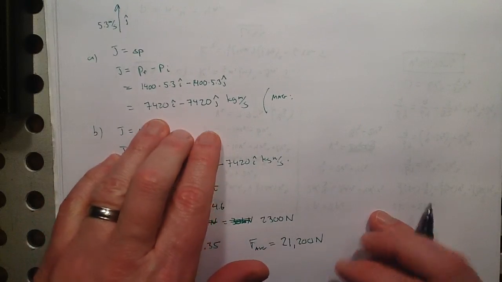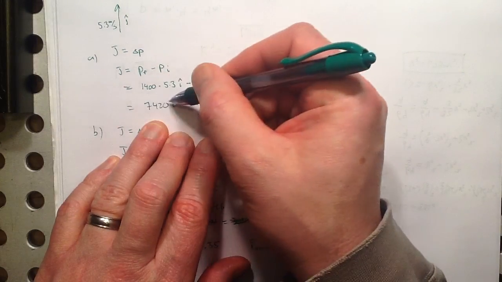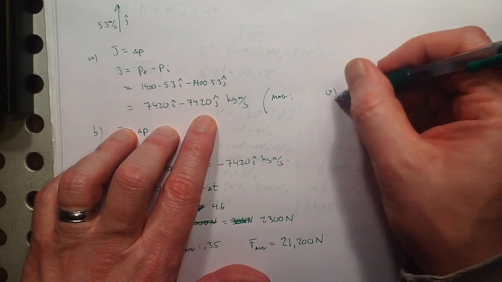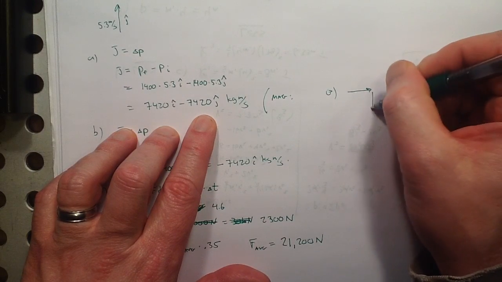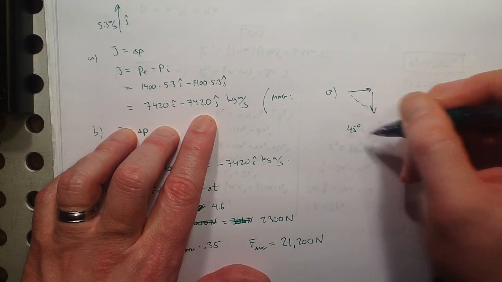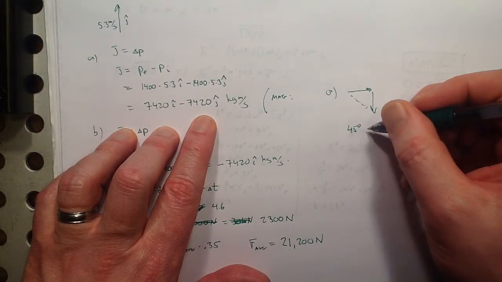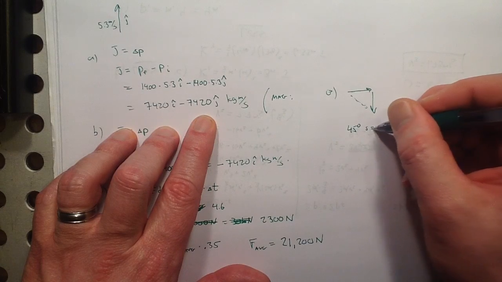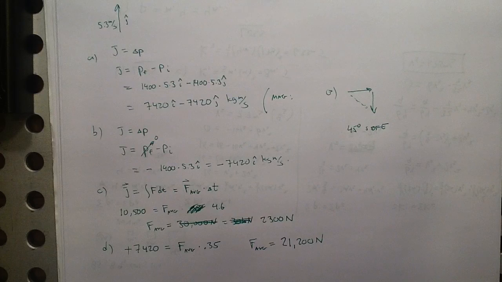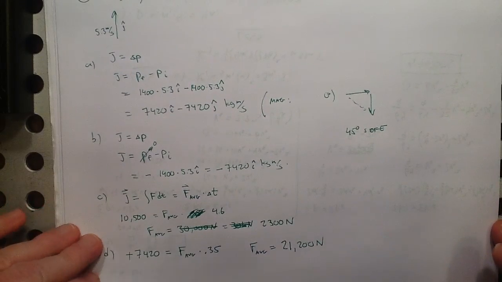So the direction here is positive i, negative j, same number, so the direction here is 45 degrees. And this was north, south, east, west, so I could say south of east. Or you could say negative 45 degrees. That would make sense too, right? All right. All fixed up.